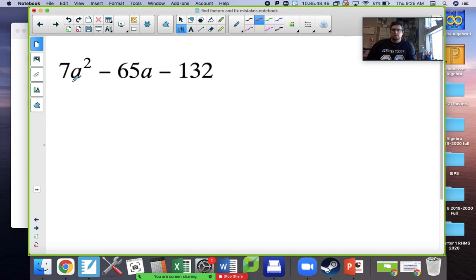Again, 7 times 132, 924. In this case, negative. So I need 2 numbers that multiply to 132, but will combine to negative 65. I know we have 1 and 7. 132, all I can think of is 11 and 12. So hopefully one of those works.